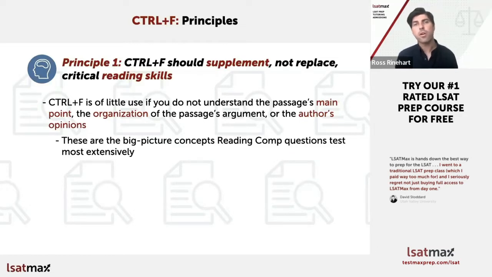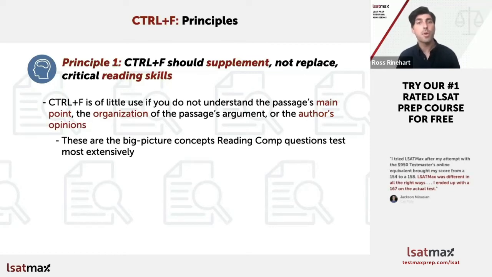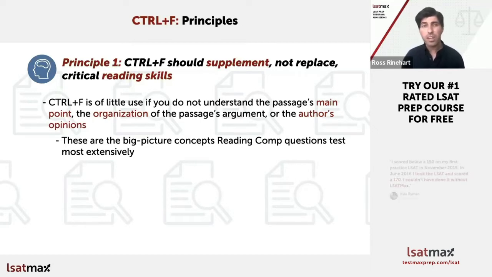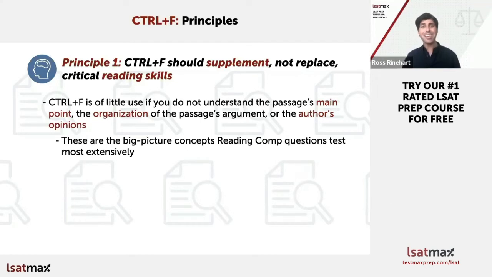That's because these are the big picture concepts that reading comprehension tests most extensively. A lot of those, 67% of the questions that Ctrl+F didn't really help on, are questions that were asking about these 3 issues: the main point, the organization, the author's opinions. These are not really things that are explicitly in the passage.